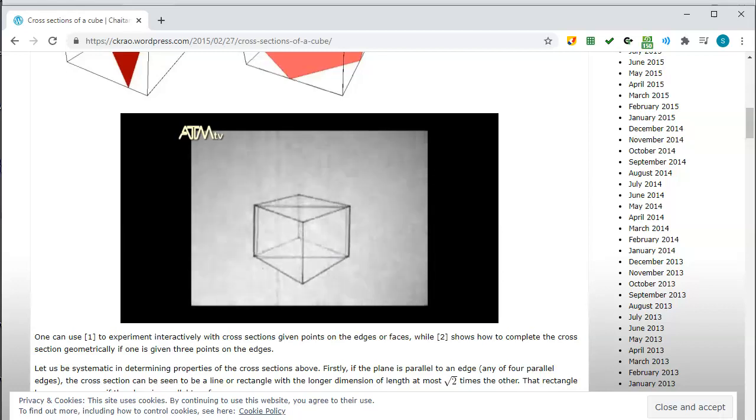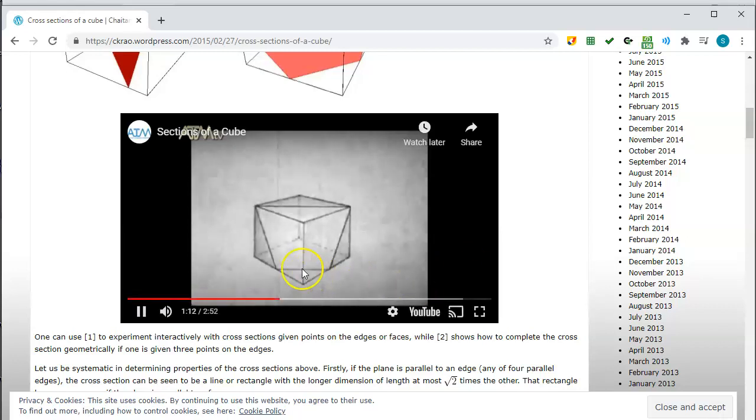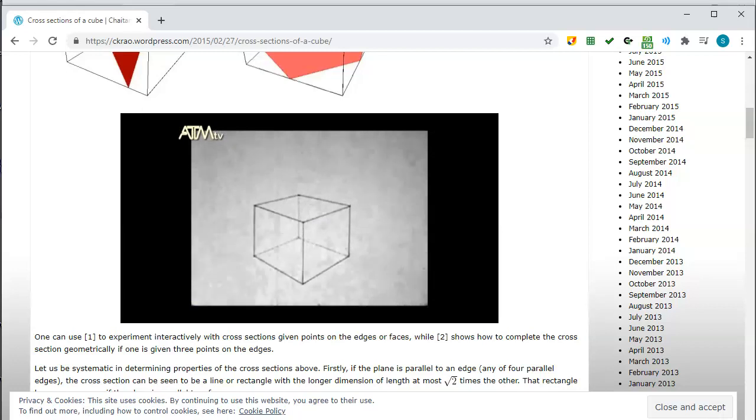What else do we get? Oh, tilt it out and you get that trapezoid. Oh, tilt corner to corner, and that's where we get our parallelogram.